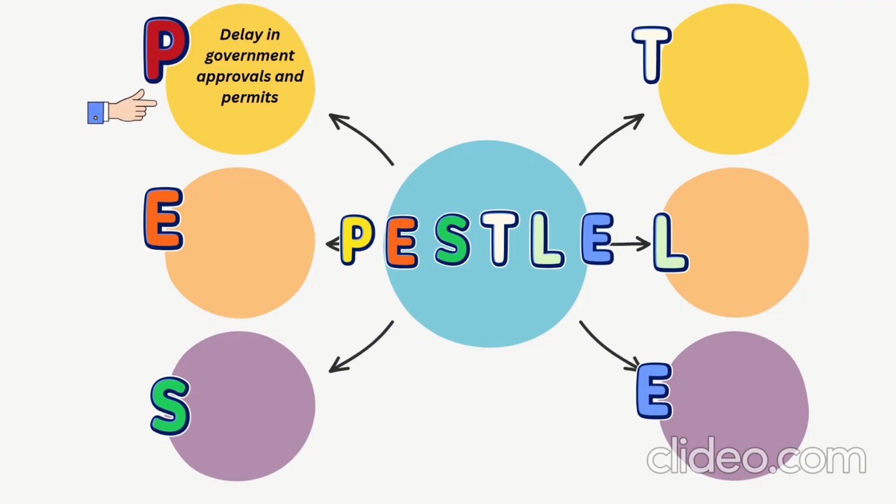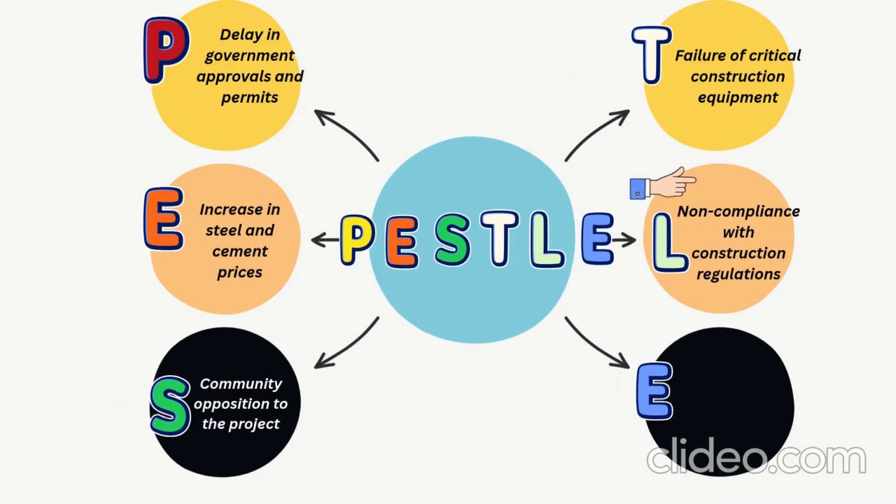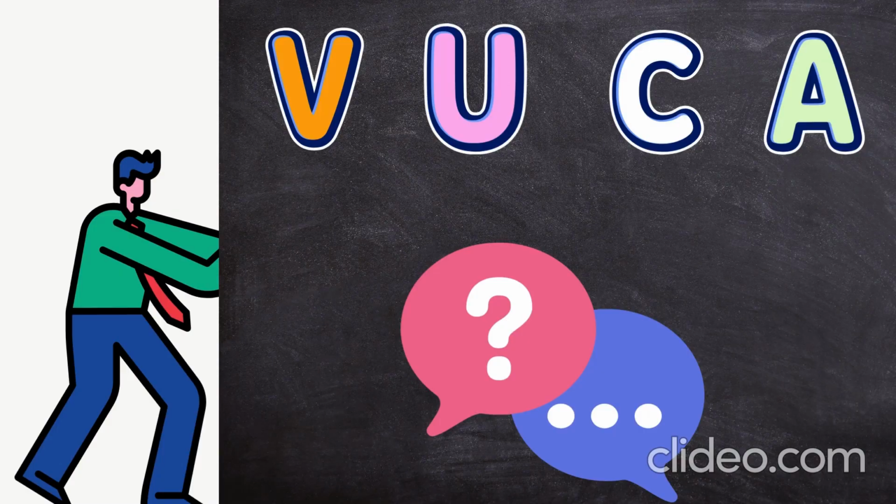Like for political risk, your team can identify delay in government approvals and permits. Economic risk like an increase in steel and cement prices, social risk like community opposition to the project, technological risk like failure of critical construction equipment, legal risk like non-compliance with construction regulations, and the last one, environmental risk like flooding during construction.